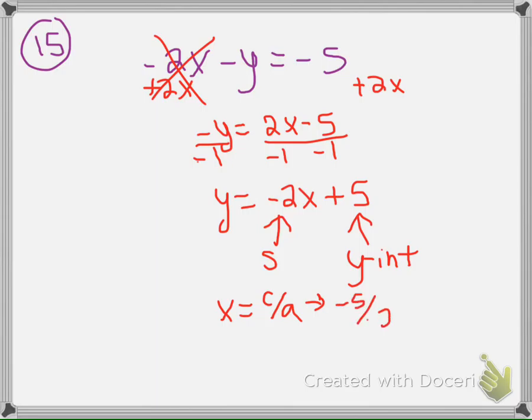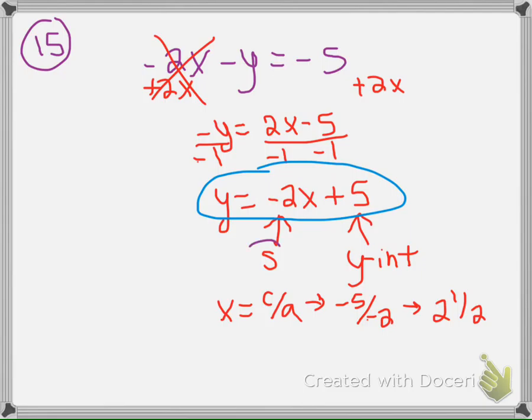Negative 5 over negative 2, which is 2.5. So the x-intercept is 2.5. So I should see four parts. I should see that you have the equation, that you somehow labeled or showed the slope, the y-intercept, and the x-intercept.